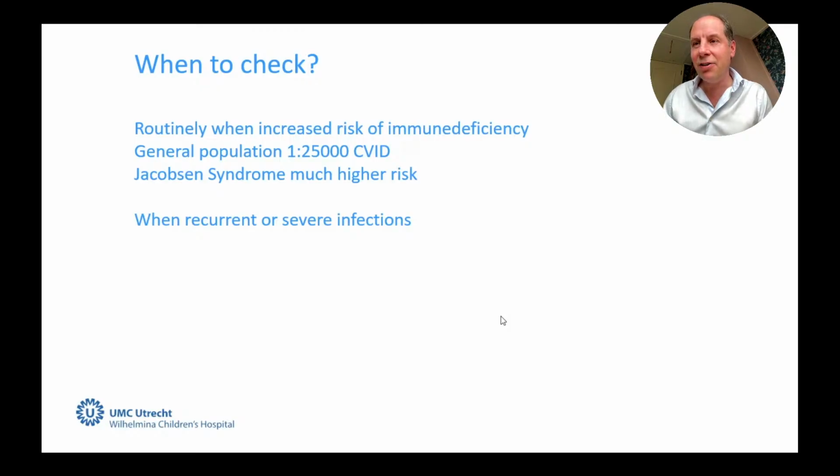And focusing on the immune system, if you look at the general population, the chances of a person being diagnosed with common variable immune deficiency, which is antibody deficiency in two of the classes of immunoglobulins, say IgG and IgA or IgG and IgM deficiency, plus frequent infections or insufficient responses to vaccination.